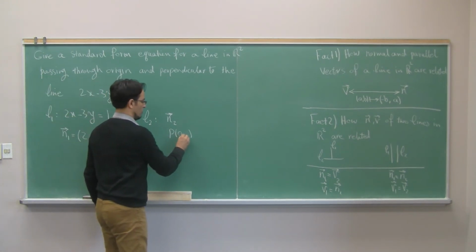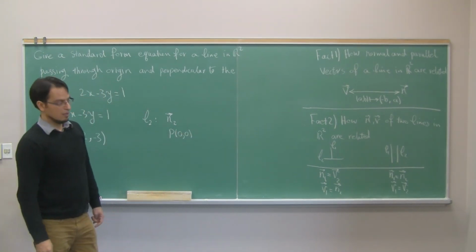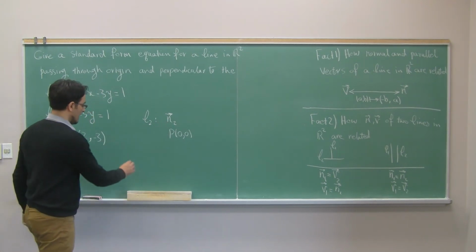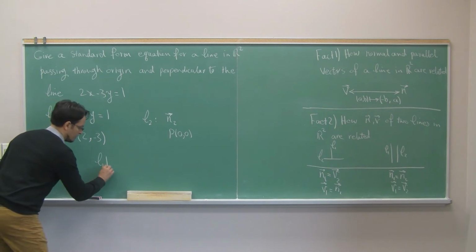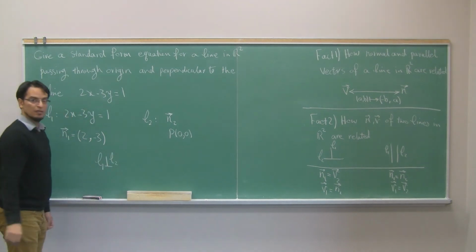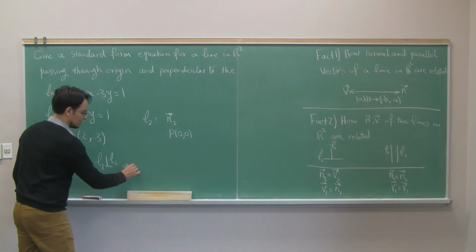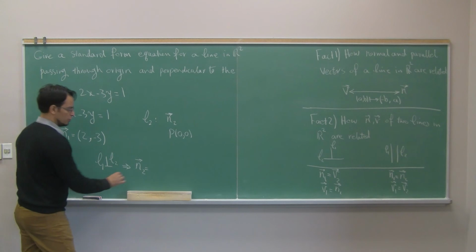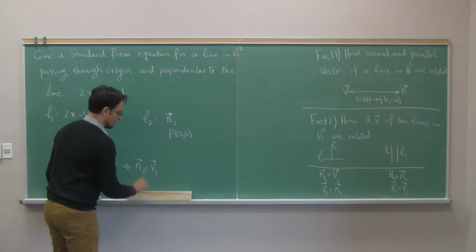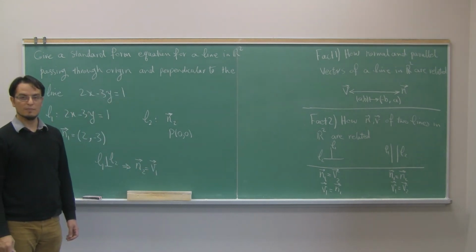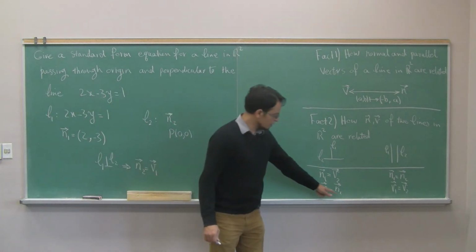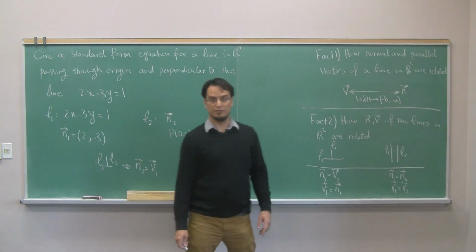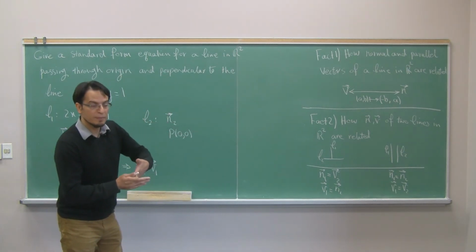Origin is 0, 0. So I have to now find n2. I know that L1 is perpendicular to L2. That means that normal of the second one is equal to parallel of the first one. I'm using this fact.